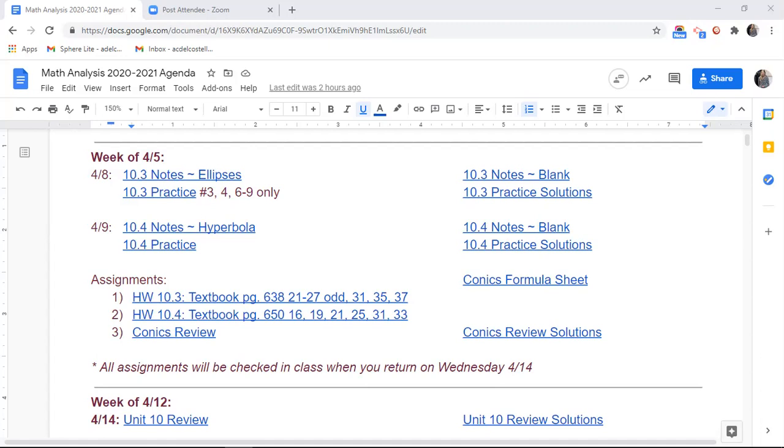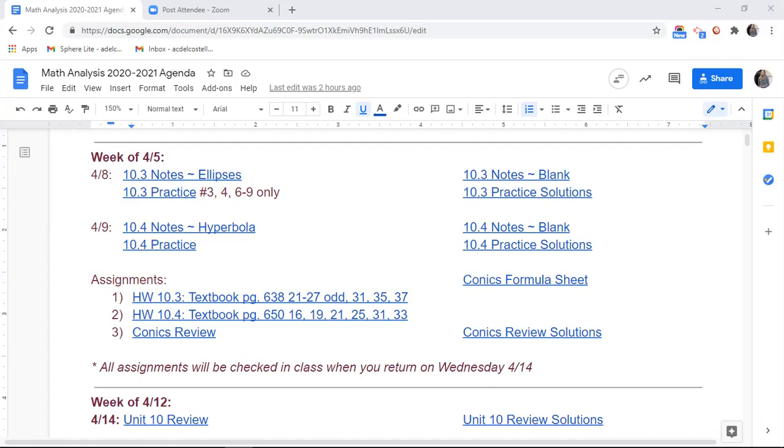And then my second equation here that has the A squared underneath the y, this has a vertical major axis. So this one is a vertical major. And I'm going to draw little pictures for you just so you see what these look like. I'm going to exaggerate these just for the purpose of your notes.